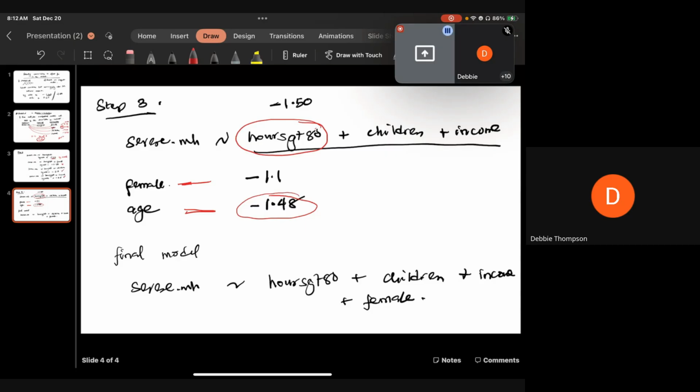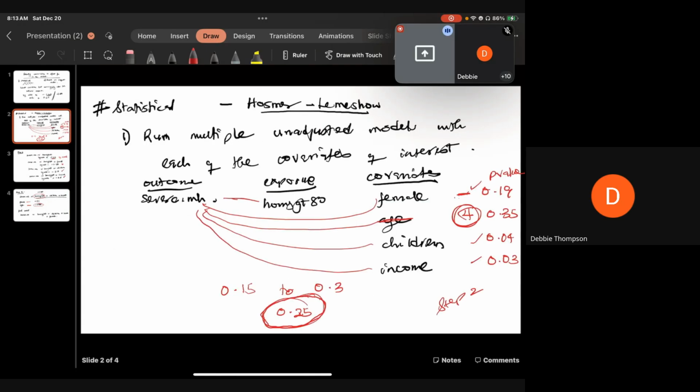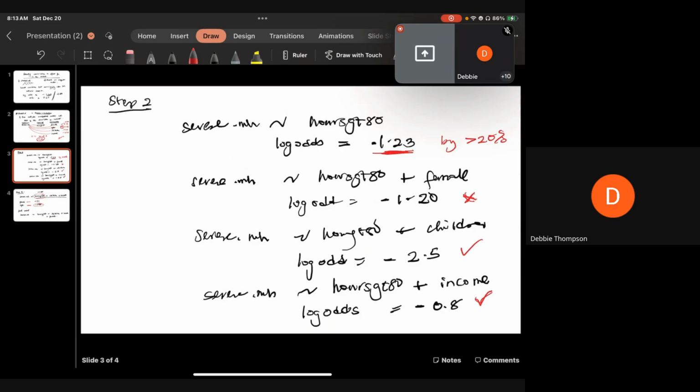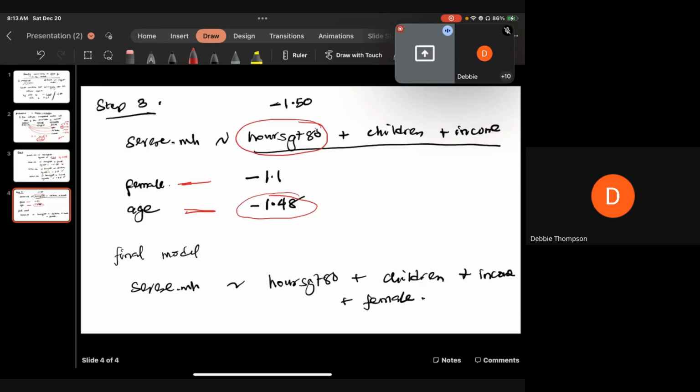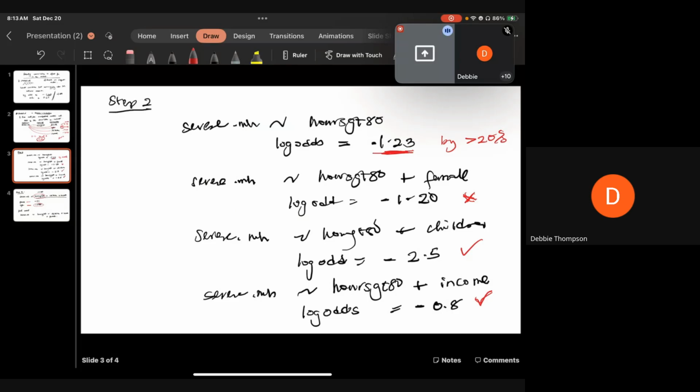But the key thing that I want to say is that you should write out the approach that you want to use and say, this is what I want to do. Determine your thresholds. Are you going to use 20%? Are you going to use, like I used here, 0.25, 0.15? And some people would use 0.05 as p-values at this stage, instead of using the log odds.